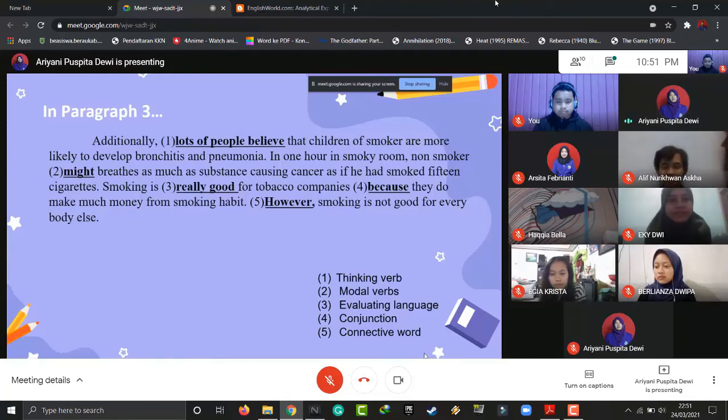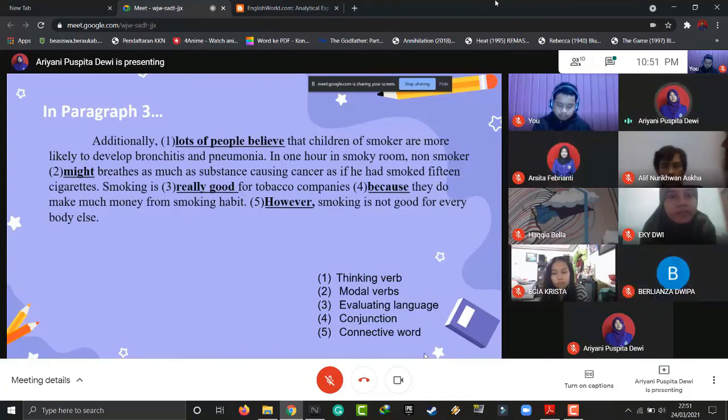Good. So number 1 is thinking verb. As I mentioned before, usually it works as the base of the text. So for example, in this, a lot of people believe. So we know that the one that has the argument that smoking is not good is not only the writer, but also a lot of people.